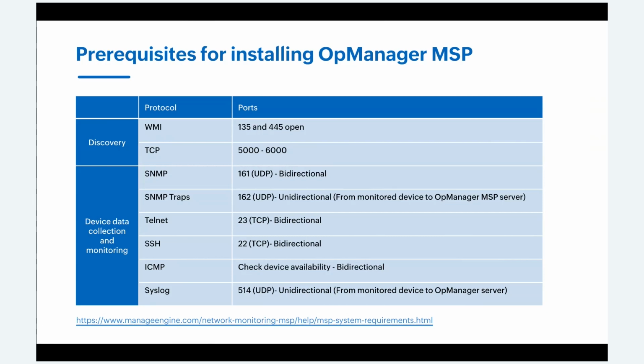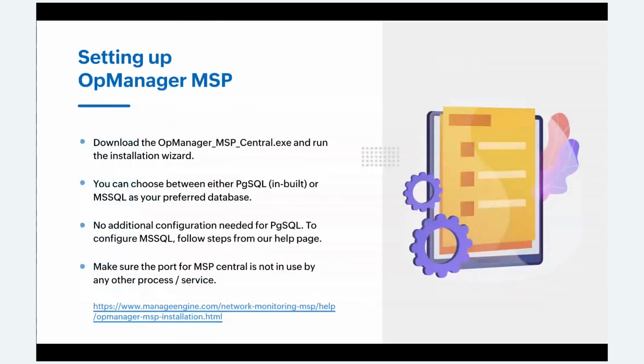So once the hardware and software requirements are met and the required ports are open, you are all set to install OpManager MSP. The first step is to download the OpManager MSP Central exe file from the website and run the installation wizard.